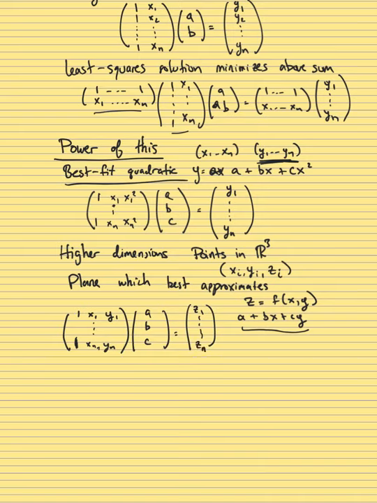And of course this generalizes. You can look at points in Rn, you can start looking at higher dimensional polynomials, and you'll always essentially be looking at a similar system of linear equations and trying to minimize the error. So I think that's a decent point to stop. So thanks.